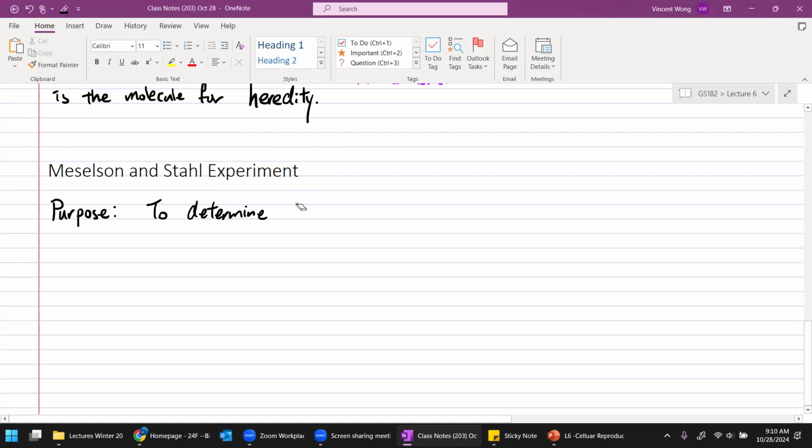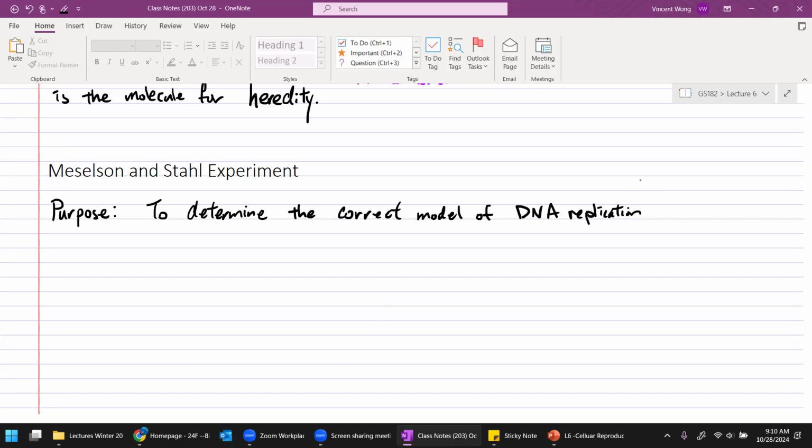I think you guys are saying to determine the correct model of DNA replication. Is it conservative? Is it semi-conservative? Or is it dispersive, right? That's what they're trying to figure out.